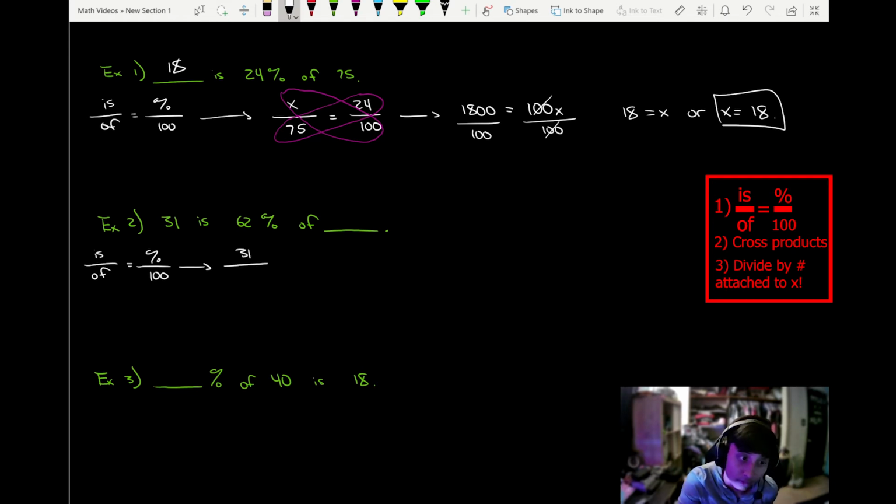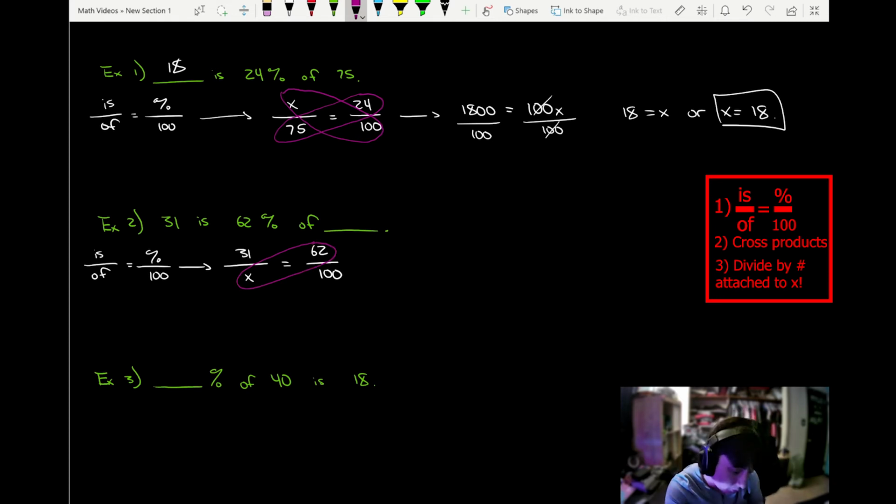Over of is blank this time. So we don't actually know what it is. So that's where the x goes this time. Equals 62%, and then equals percent over 100, right? And then we see right there 62%. So it's just 62 over 100.